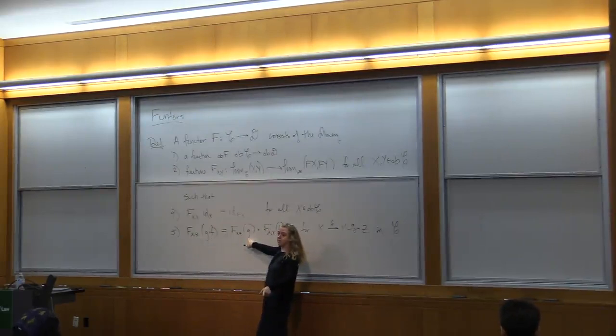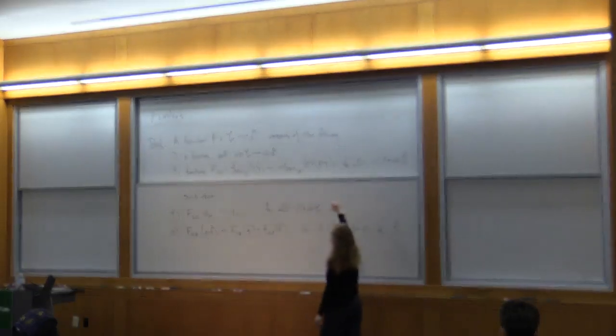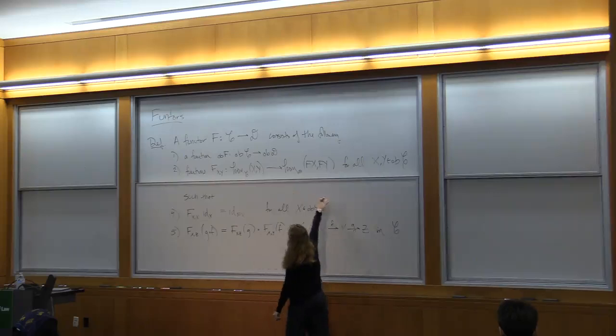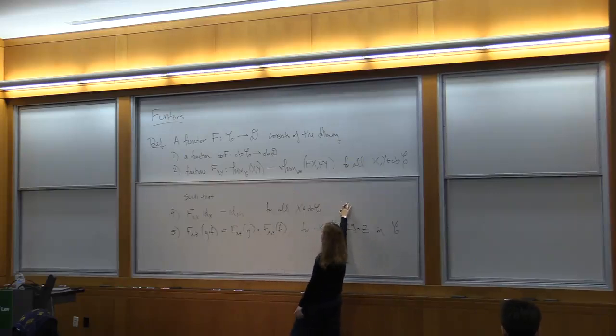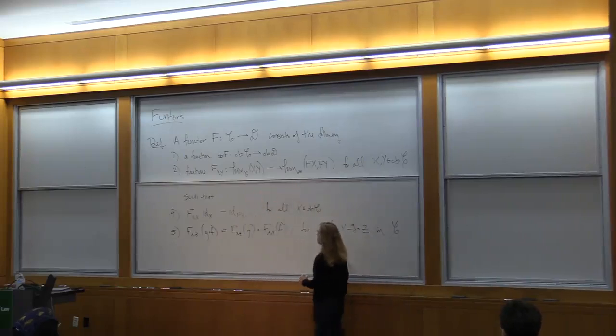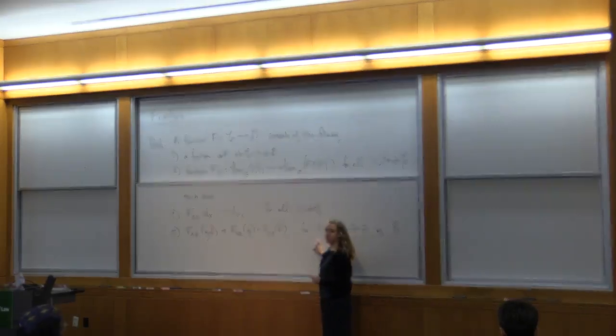We want those two things to agree. So we have functions that turn the objects of C into the objects of D. Then they turn the morphisms of C into the morphisms of D, in particular in a way that preserves the starting and ending points, the domains and codomains. And they also preserve the identity and composition.